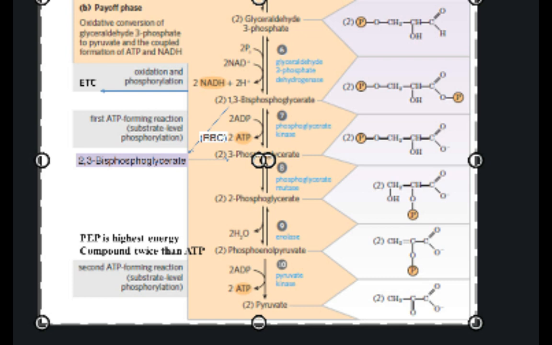So it helps to regenerate hemoglobin, ferrous, from methemoglobin. So glycolysis not only helps RBCs to provide energy, but it also helps to regenerate hemoglobin to deliver oxygen efficiently, and also provides energy to perform different functions.